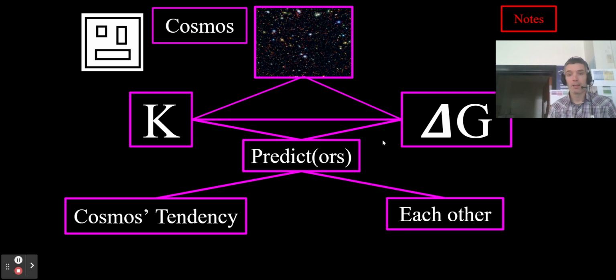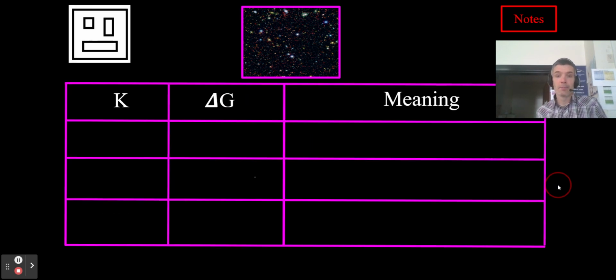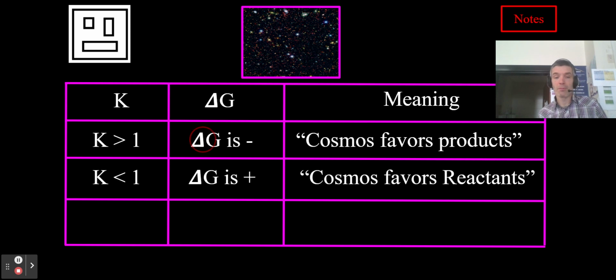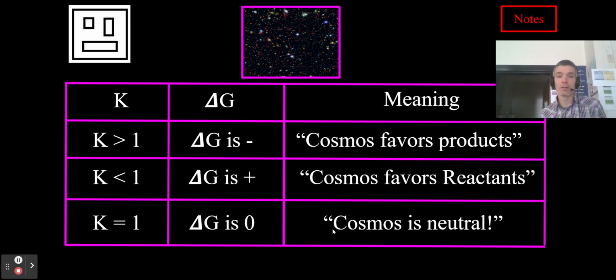If you know K, you should be able to know what delta G is. If your equilibrium constant is greater than 1, your Gibbs free energy is going to be negative, and the universe is favoring the products. If your equilibrium constant is 1, which is very rare, your delta G would be 0, and the universe doesn't favor either direction.